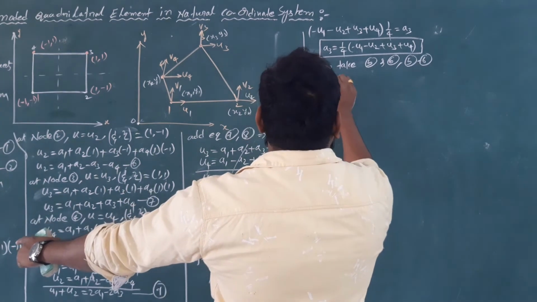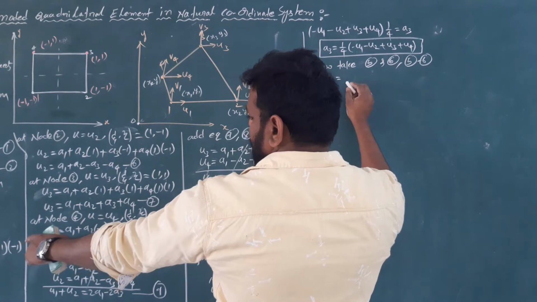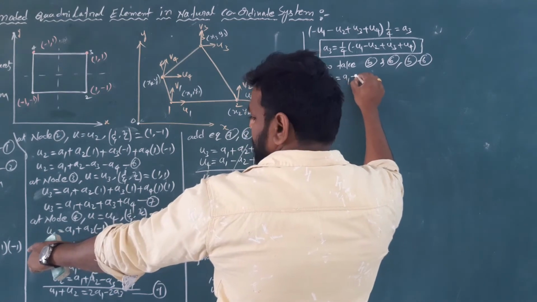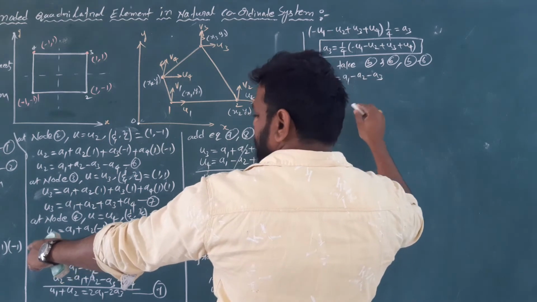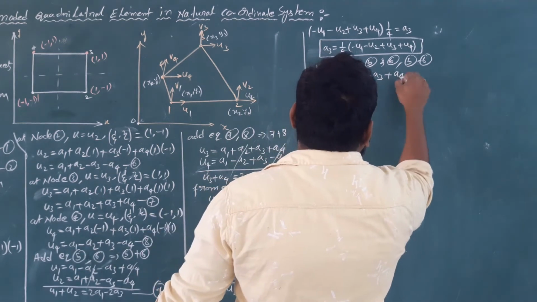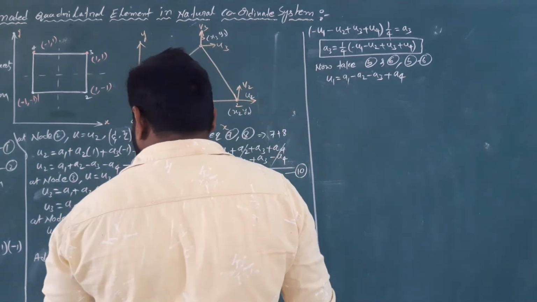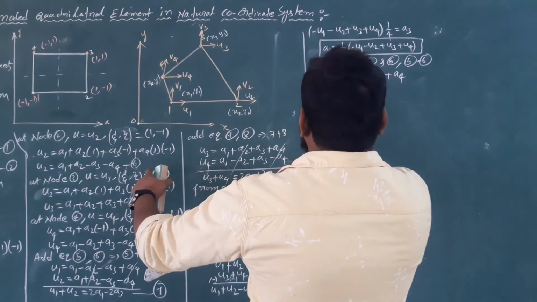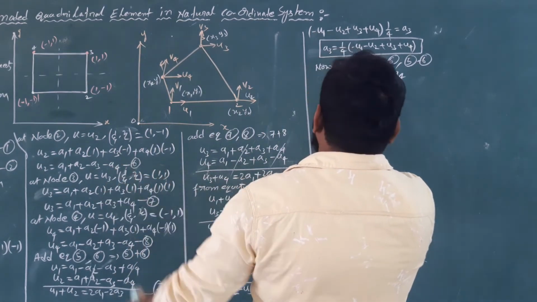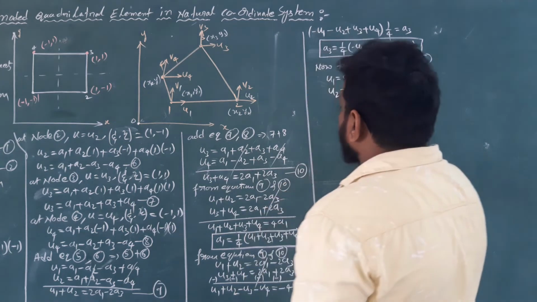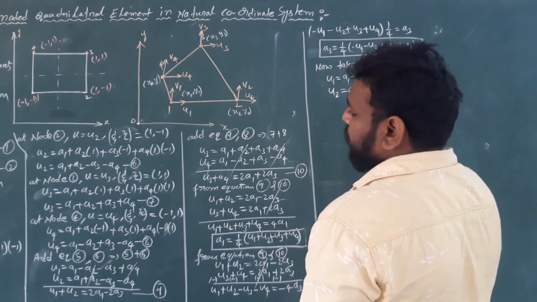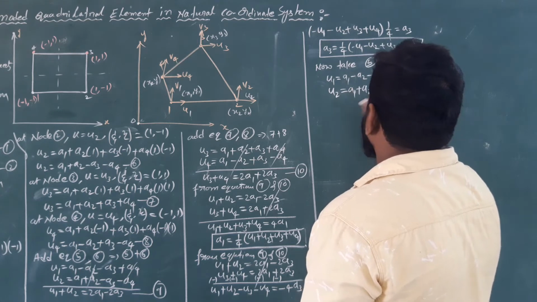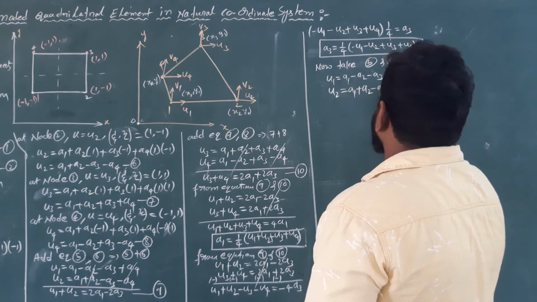So u1 is equal to a1 minus a2 minus a3 plus a4. This is the 5th equation. And the 6th equation is u2 equal to a1 plus a2 minus a3 minus a4.